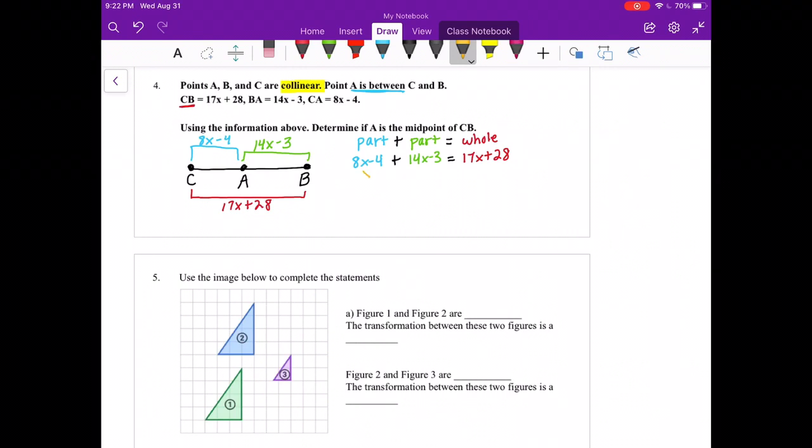We're going to take the 8x and the 14x that we see, we're going to add them together to give us 22x. We could do the same thing for the negative 4 and the negative 3 to give us negative 7. Then we're going to bring down the 17x plus 28. Now that we have this equation, we are going to start by subtracting 17x on both sides of our equation.